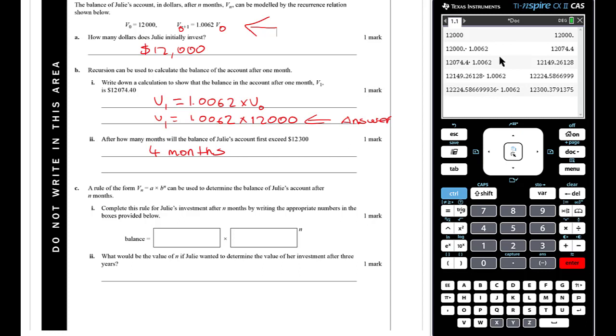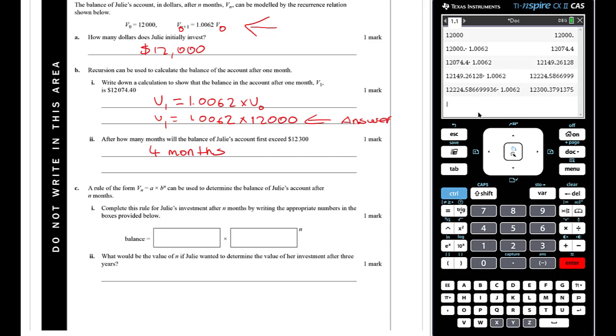I'm not doing it multiple times. What the rule does is it just calculates directly. If I want to know after 10 months, I can just calculate that value. I don't have to calculate V1, V2, V3, V4, V5, V6, and so on. So what do I need to put in here? I wouldn't say it's a straight give me, but it's an easier one.